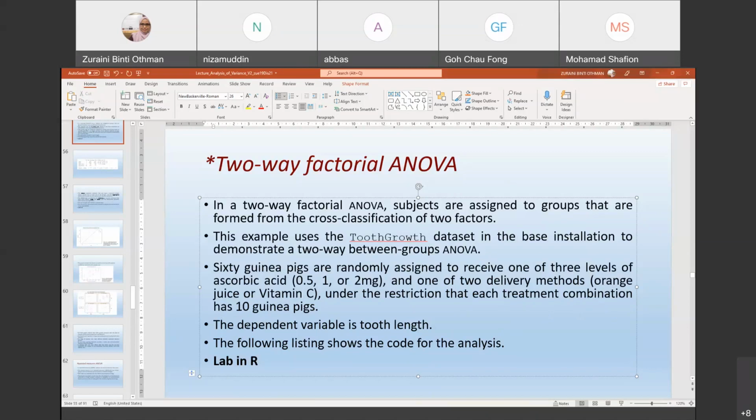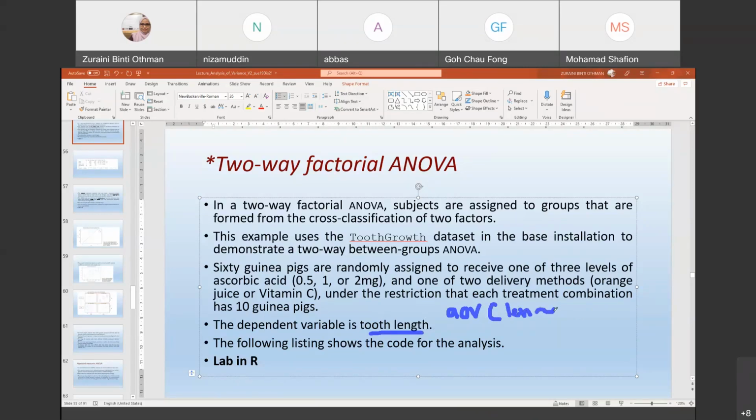Here our dependent variable is tooth length, which means in our formula, when we create it in R, inside the bracket of aov, this is tooth length. In our R output, you will see len for length.